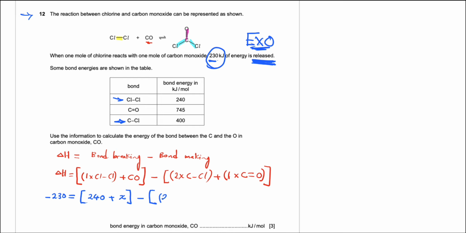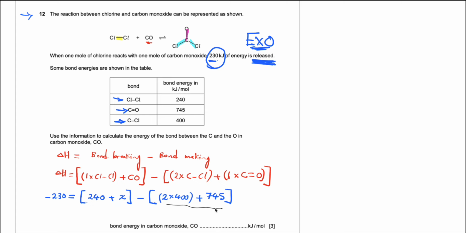So we have 2 times 400 plus the bond between carbon and oxygen, and that's 745. Now, the rest of the question is just mathematical manipulation. You just need to simplify the equation and find the value of x. So let me just do it quickly with you.